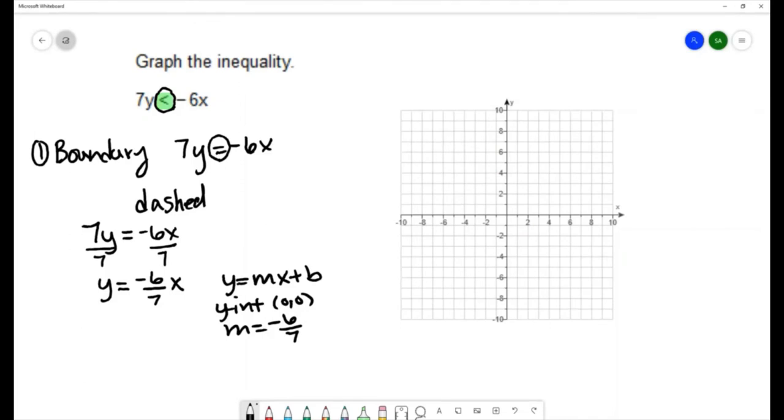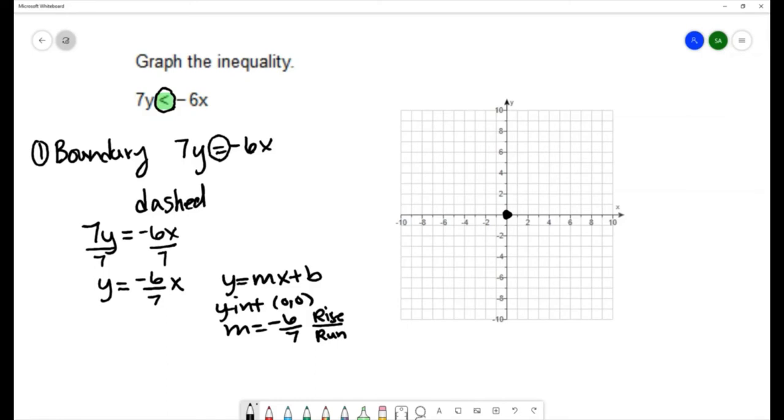So I'm going to draw this boundary line by plotting the y-intercept of 0, and then using the slope to get to a second point. I'll go down 6 and right 7. That's rise. We're rising negative 6, going down 6, and running 7. So that's going horizontally 7, and we're going to go to the right because it's positive.